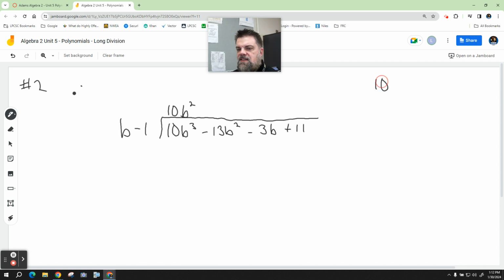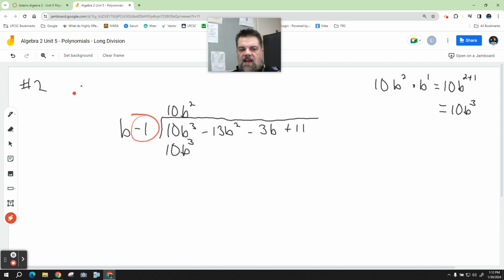So remember that 10b squared times b to the first power is equal to 10b to the 2 plus 1, which is actually 10b cubed. So this is 10b cubed. But remember, I have to multiply that by negative 1. Well, anything times negative 1 is just the negative of it, right? So this becomes negative 10b cubed.